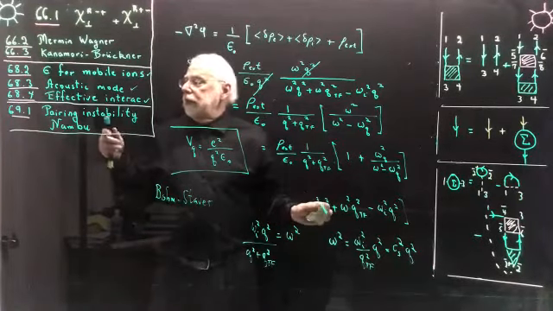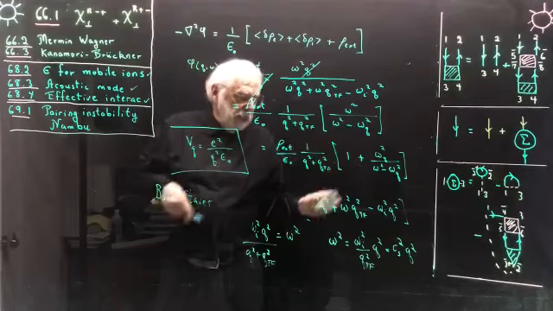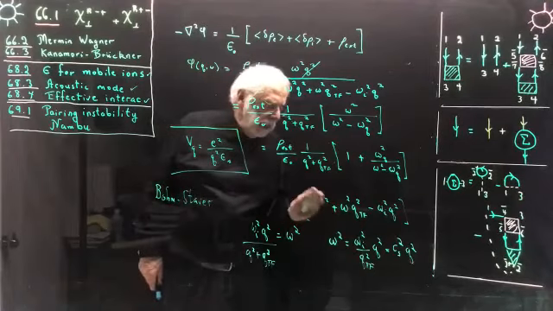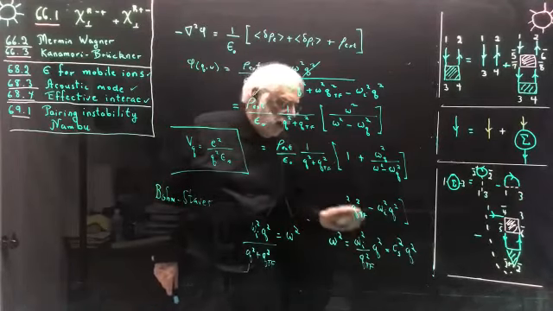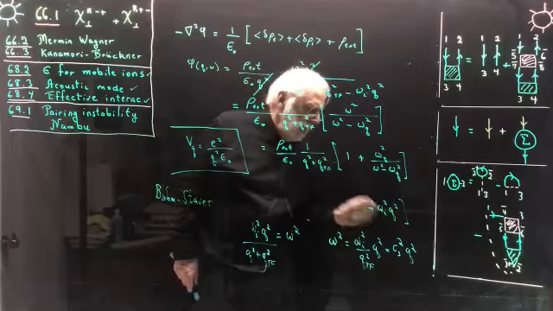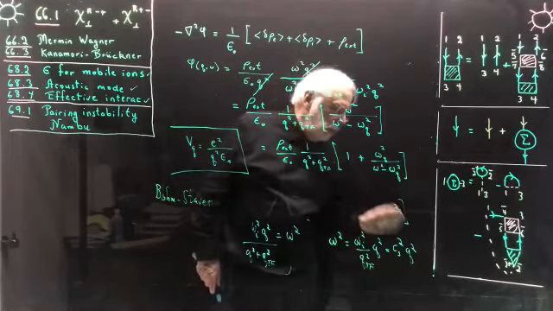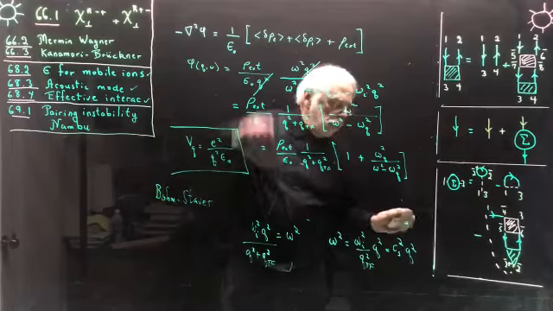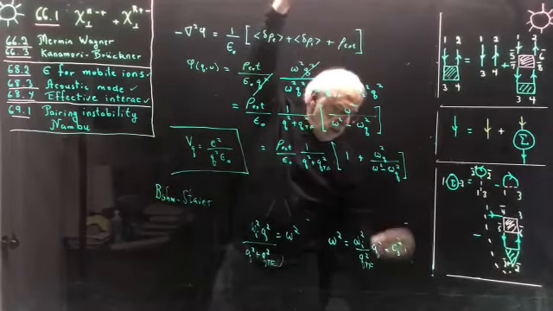So what are the consequences of this effective attractive interaction? This is the pairing instability. But before I do that, let me just mention how we could do this a little bit more seriously.